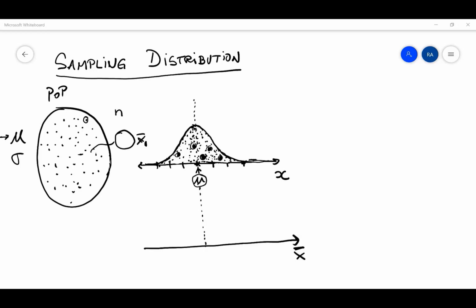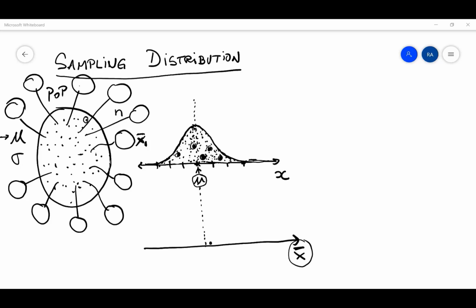In this other number line, we are going to organize all sample means according to their corresponding measurement. For example, this value that we obtained from my first sample is close to the mean, so we are going to plot this value here. But we are interested in the distribution of all possible sample means of all samples of the same size n.